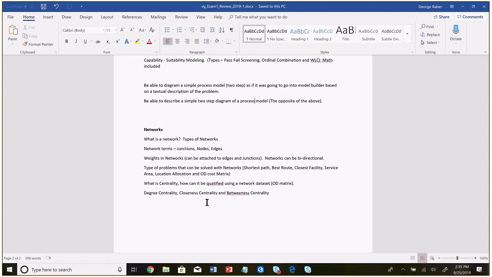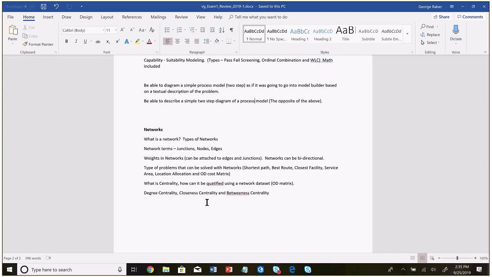And then closeness centrality is defined as the sum of all of the paths from that feature to every other feature of concern. It could be all the other nodes. It could be just a select number of nodes. It's the sum from that feature to every other feature that's of concern in the network.